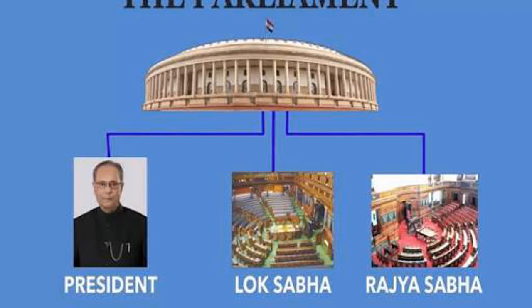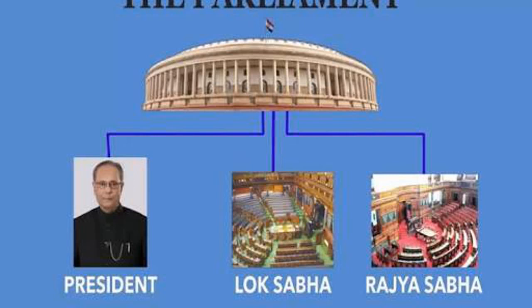In the state, the state legislature: most of the states have only a unicameral legislature, that is, the Legislative Assembly only, so only the lower house is followed in most states.